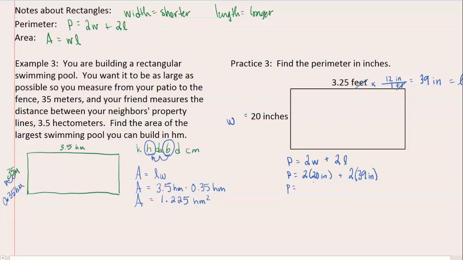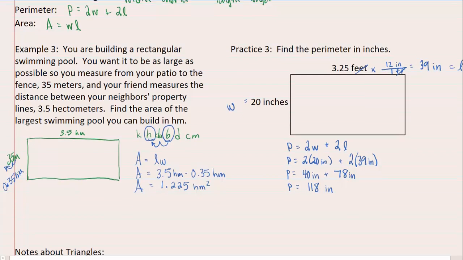Let's start by figuring out the first value. 2 times 20 inches would be 40 inches attributed to the widths. Then, 2 times 39 would be 78 inches attributed to the lengths. If we add the 40 inches plus the 78 inches, we would have 118 inches total for the perimeter of our rectangle. Now, let's look at our next example.